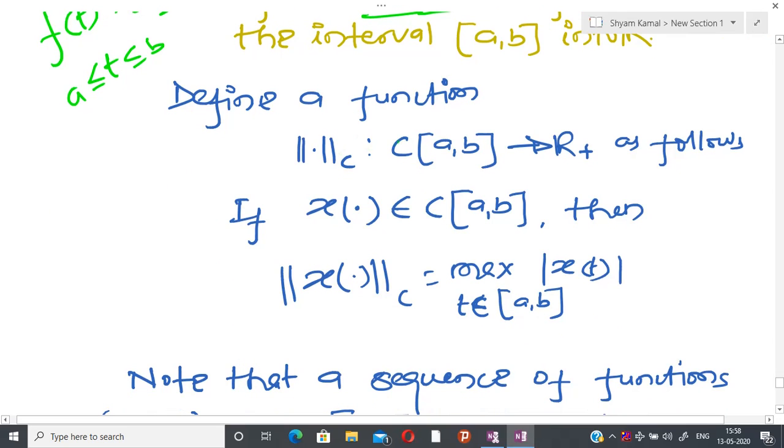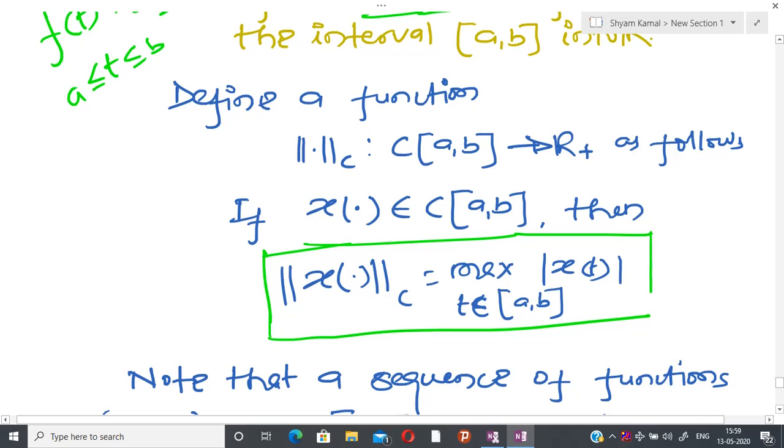Now I'm going to define the norm, because we already know that whenever we have functions in some space, and if I consider pointwise addition and scalar multiplication, then that forms a linear space or vector space.